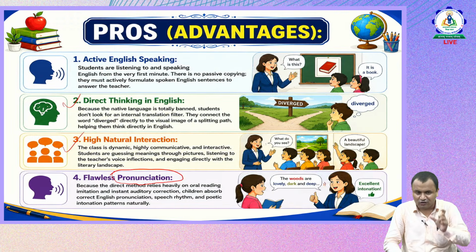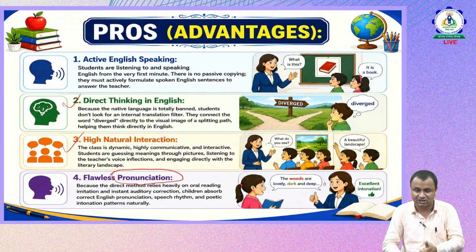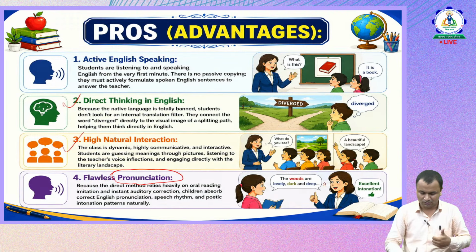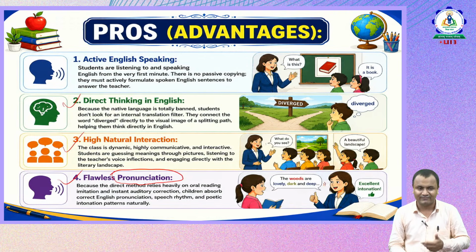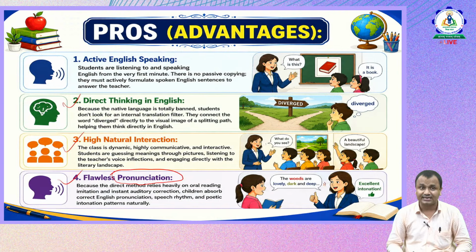So we see flawless, good, standard pronunciation, with no scope of mispronunciation, when we learn the target language through the direct method. So these are the advantages, or pros, of teaching English or any target language through the direct method.